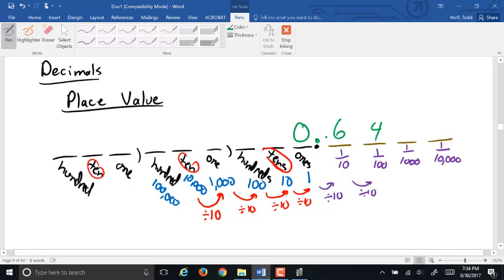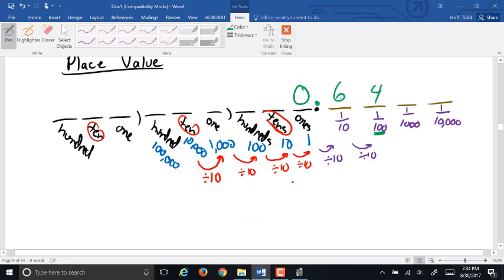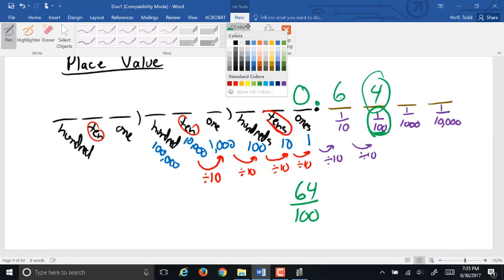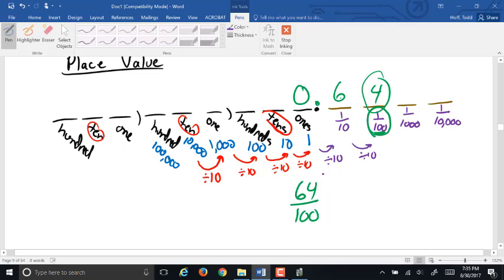0.64 is 64 hundredths. The denominator of the fraction is the place value of the last digit of that decimal. In fact, it's that simple to convert a decimal into a fraction.